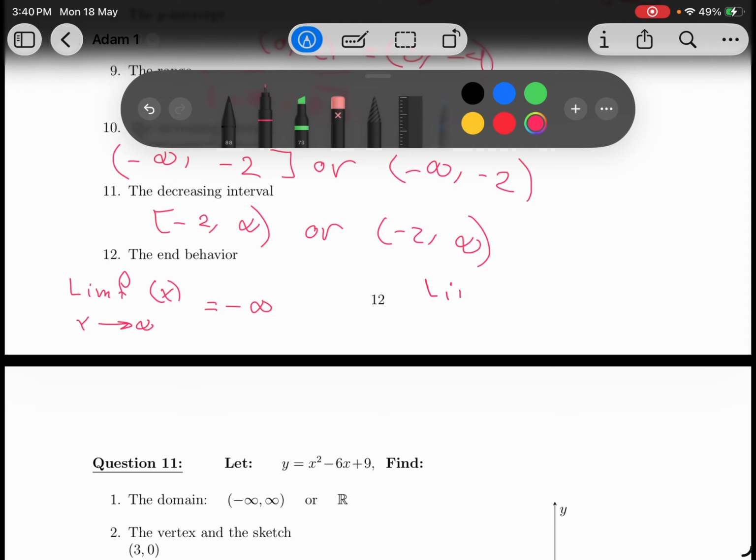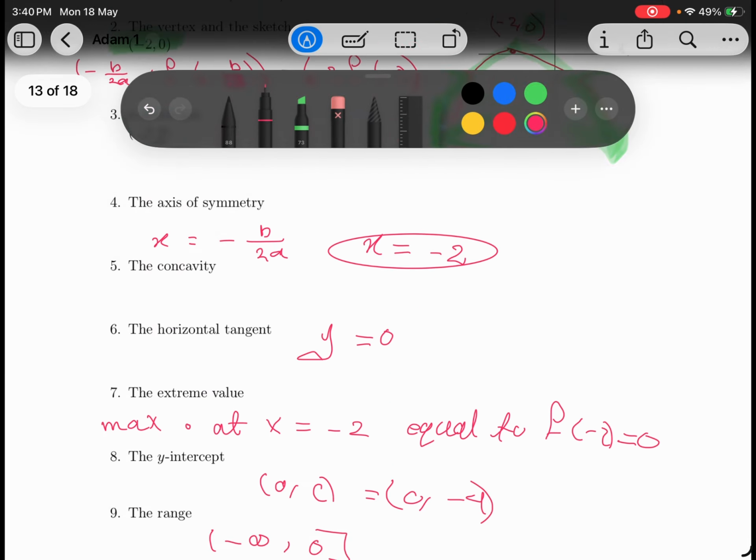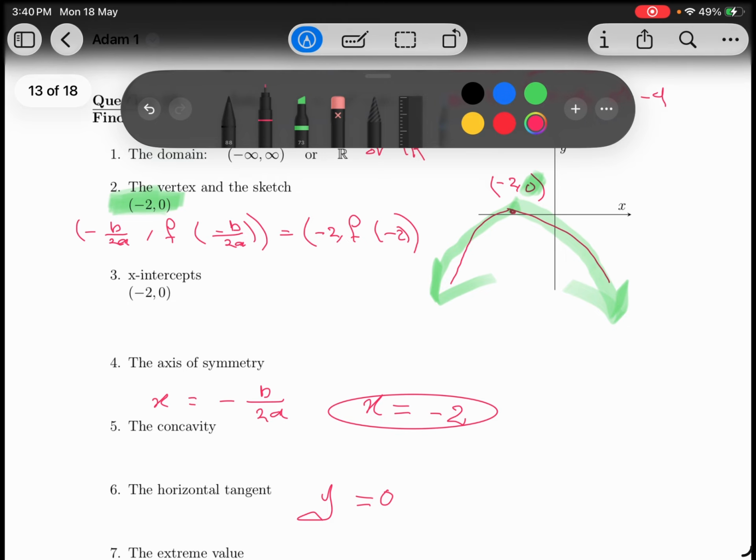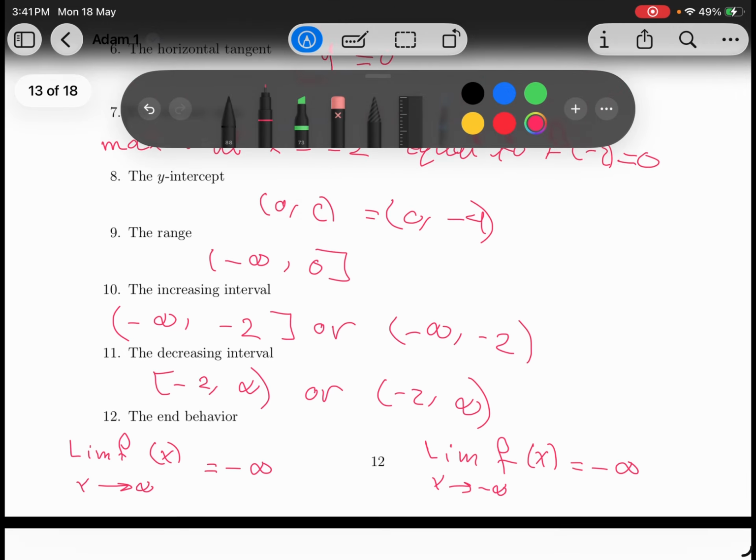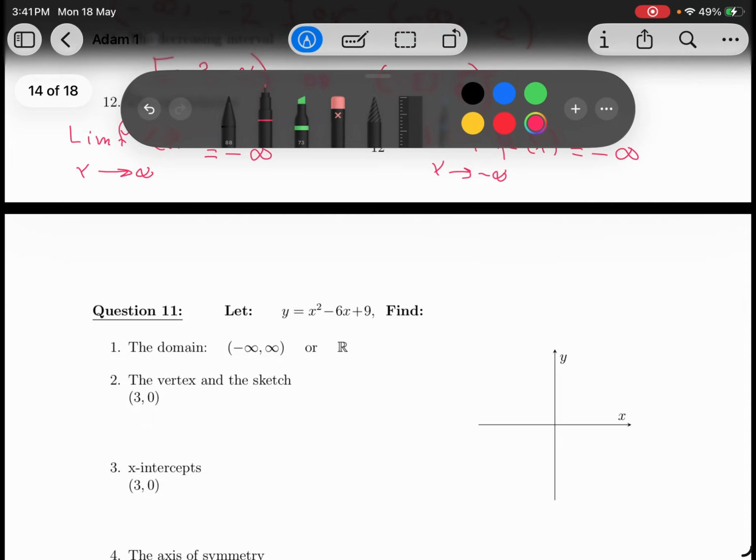And the limit of f of x, when x goes to minus infinity, is minus infinity as well. So again, guys, regardless of whether x goes too large or too small, these 2 tails are diving down to minus infinity.